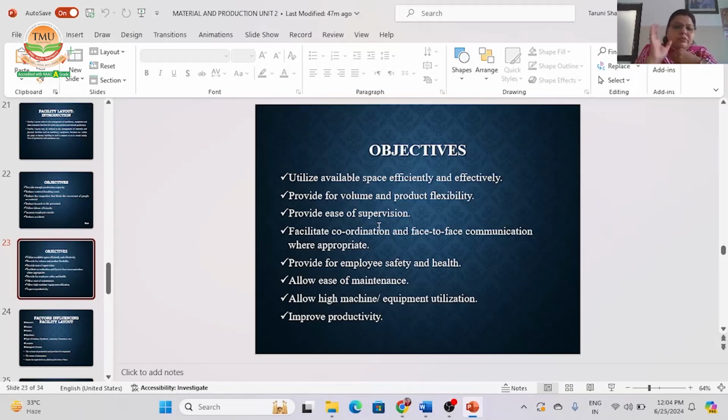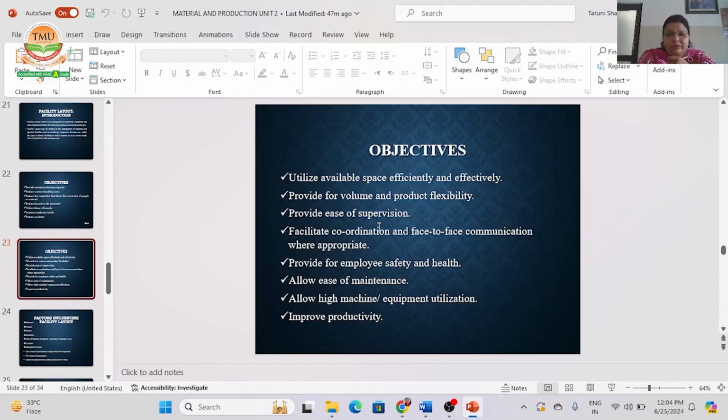If a unit is not working properly, you can go and ask them why they are not working in a proper manner. They will check through the cameras if the workers are properly working or not, or the production is going in a proper manner or not. So face to face interaction can reduce the problems, the disputes, and the conflicts.